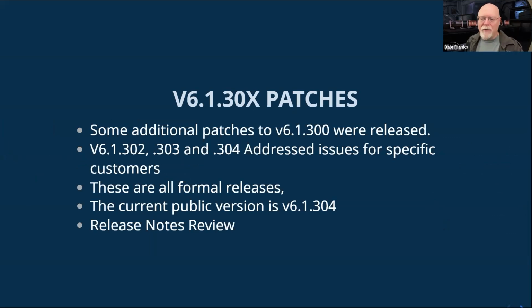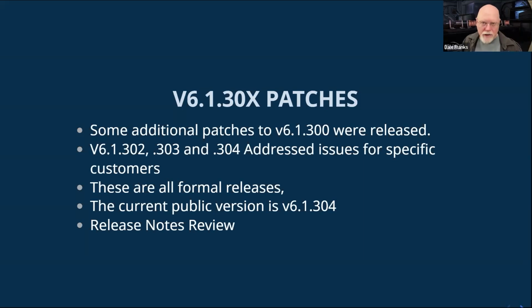We've released a couple of additional patches. 6.1.302, which I believe we talked about last month, but which were quickly followed up each week by .303 and .304. All of these were released to address issues from specific customers.